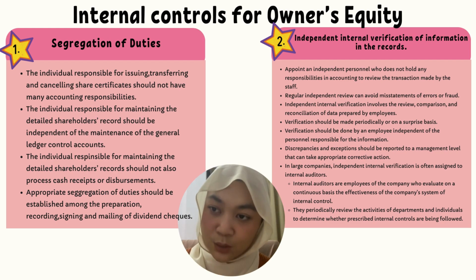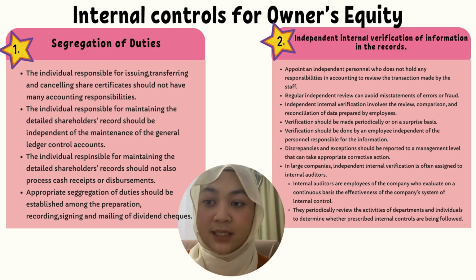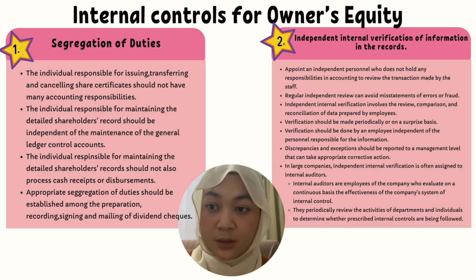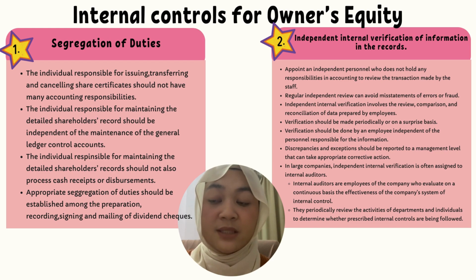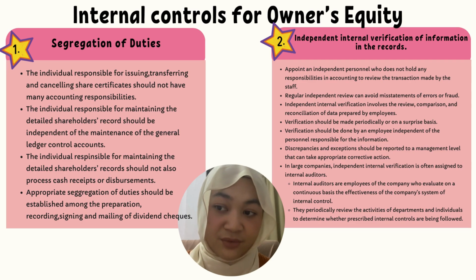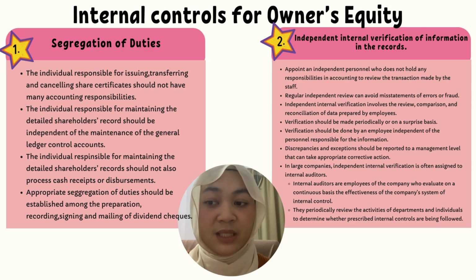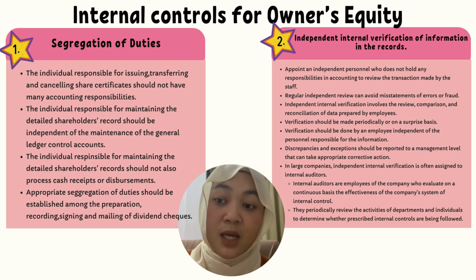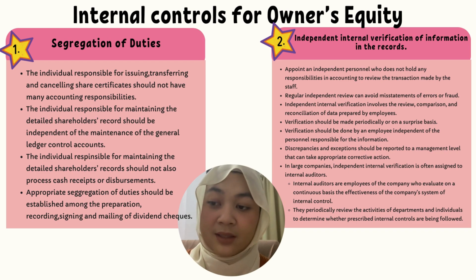The last internal control is independent internal verification of information in the records. Appoint independent personnel who do not hold any responsibilities in accounting to review the transactions made by the staff. Regular independent review can avoid misstatements, errors or fraud.